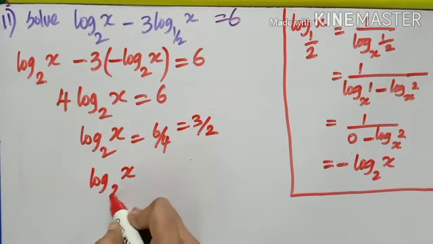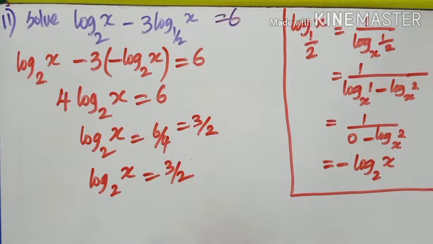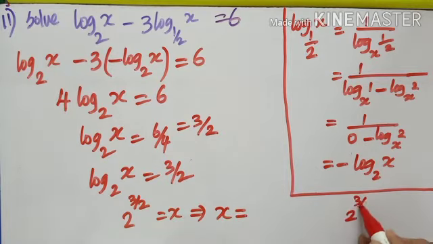Whenever log x base 2 is 3 by 2, it is 2 power 3 by 2 equal to x, or x is equal to 2 power 3 by 2.